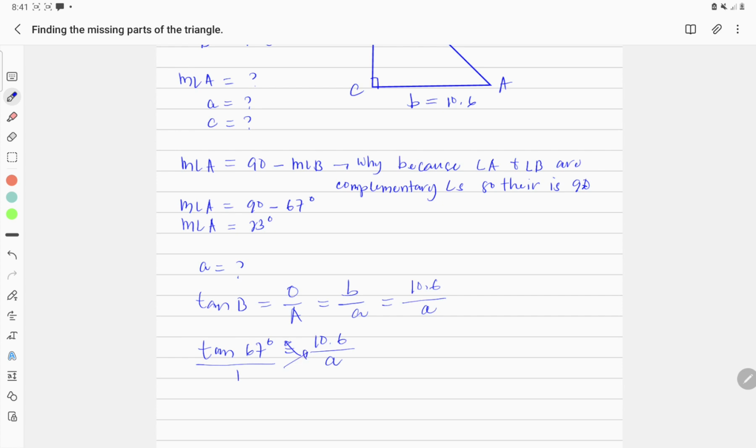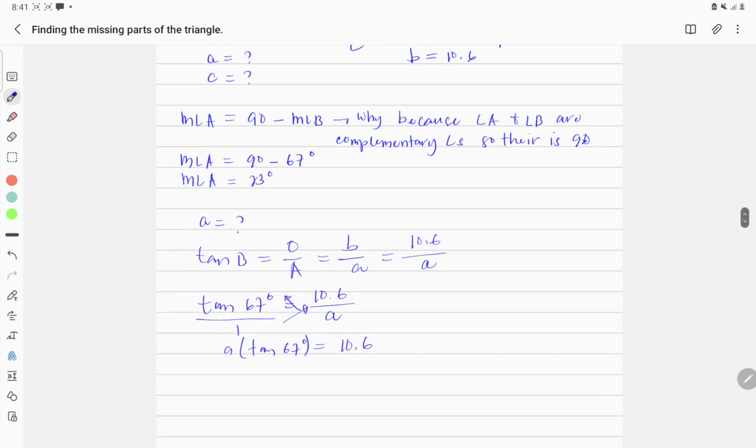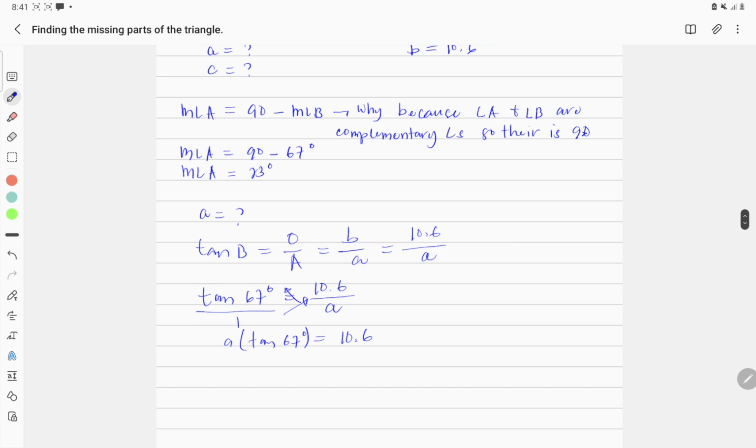So you have A times tangent 67 degrees is equal to 10.6.